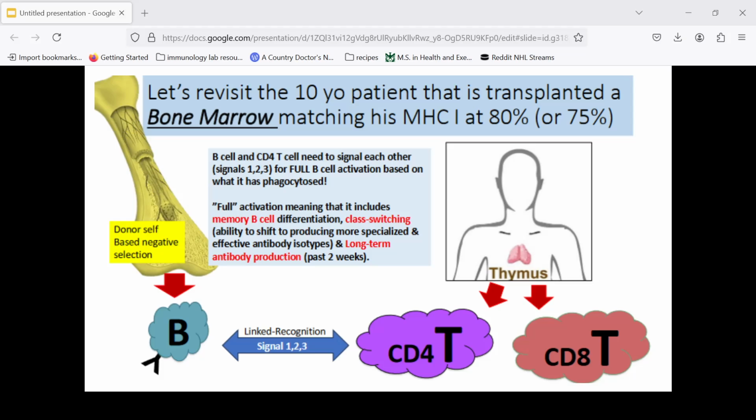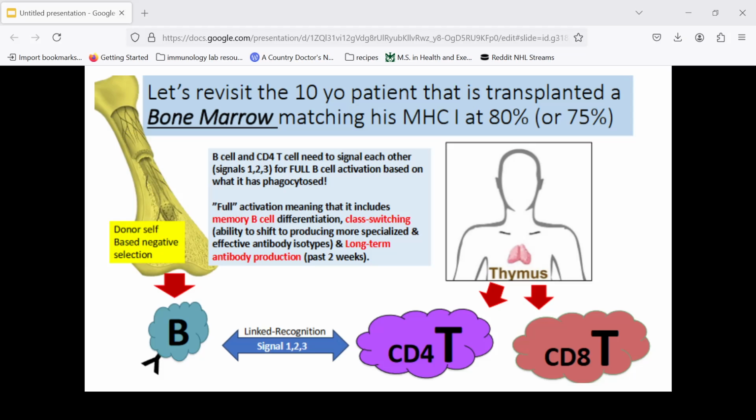Okay. Then what we want to ask is, what is our MHC1 match? MHC1 we use as our litmus test for how well a match is because, actually, you guys tell me why.